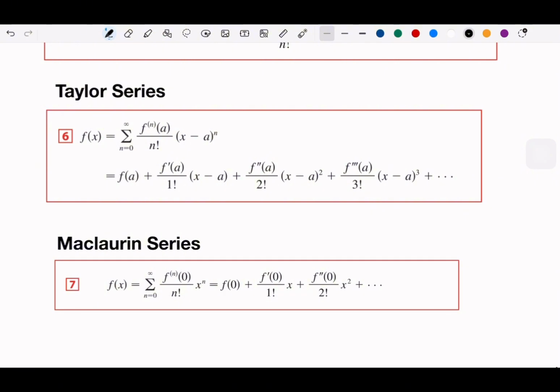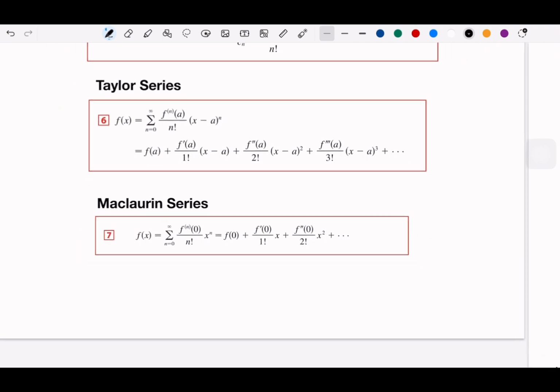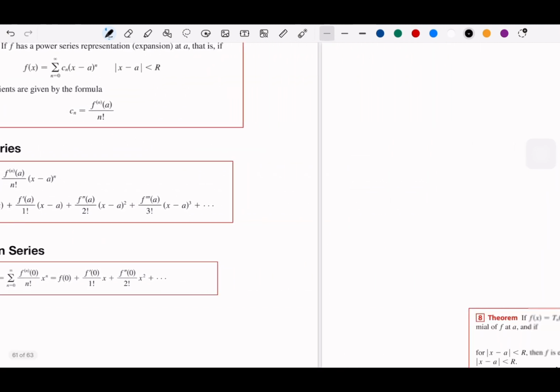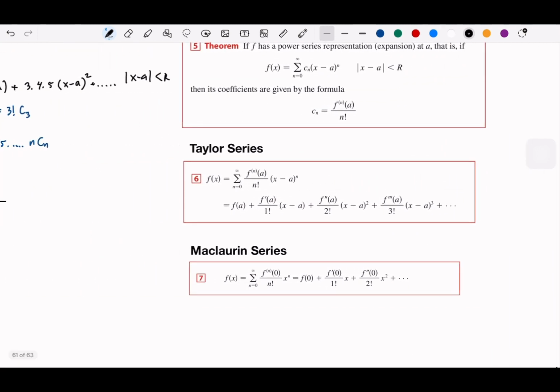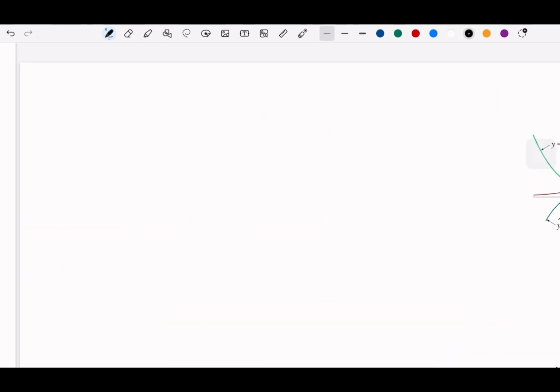Okay, now we have the Taylor and the Maclaurin. Okay. So we can start and take some examples. Perhaps starting first with f of x equals 1 over 1 minus x. This is the one that we had before, but we can write this in terms of the Maclaurin.